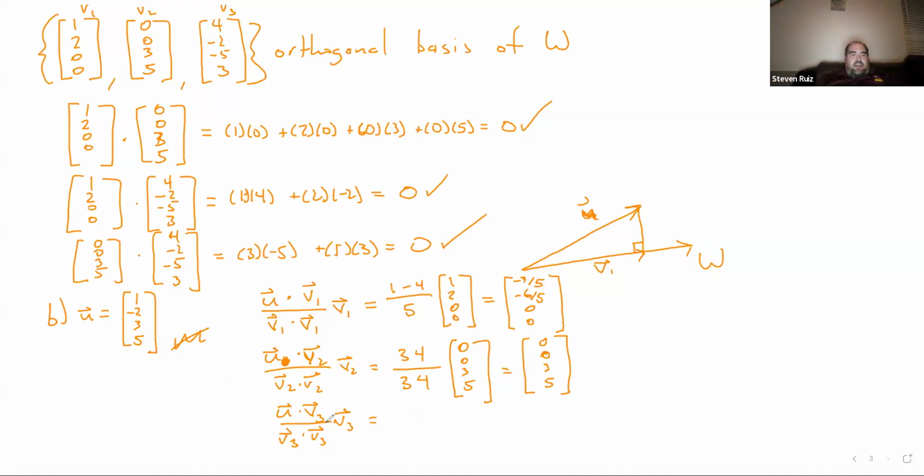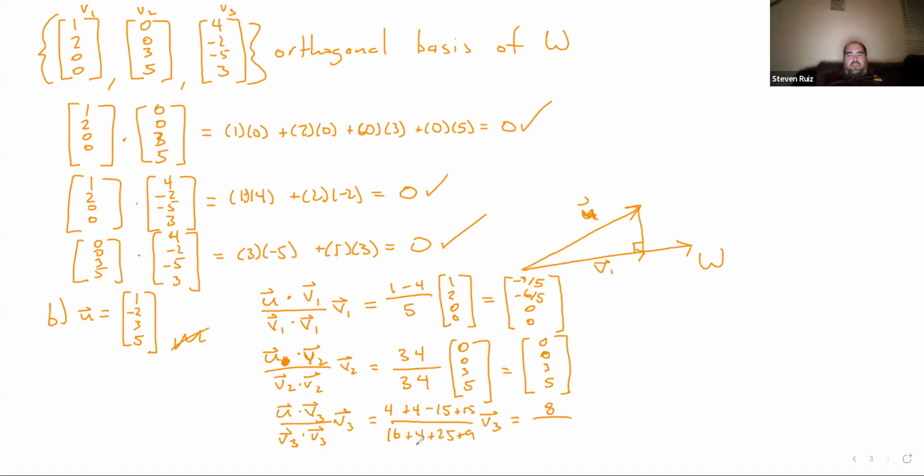All right, so u dot v3, so 1 times 4 plus negative 2 times negative 2 plus negative 5 times 3, so minus 15, plus 5 times 3, so plus 15, all over v3 dot v3, so 16 plus 4 plus 25 plus 9, times v3.